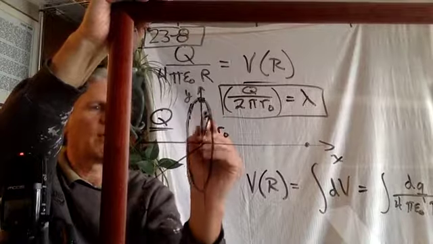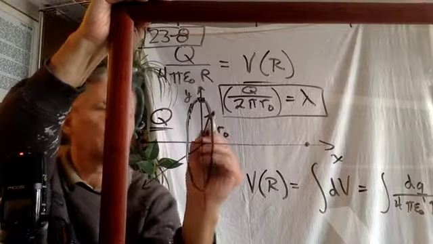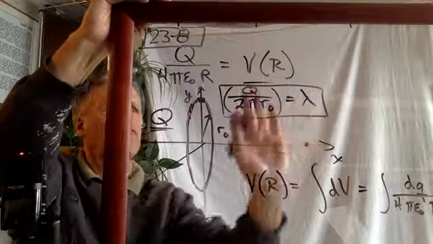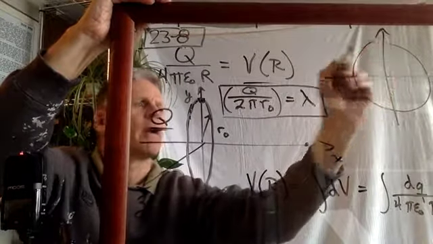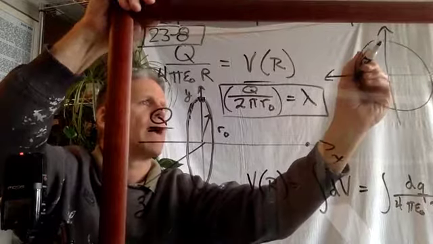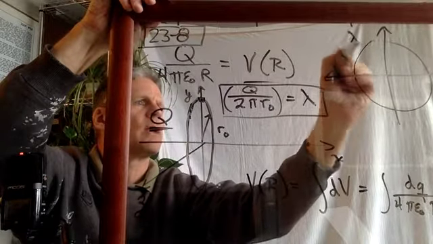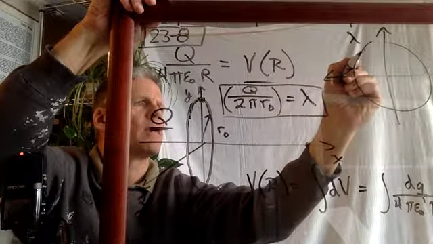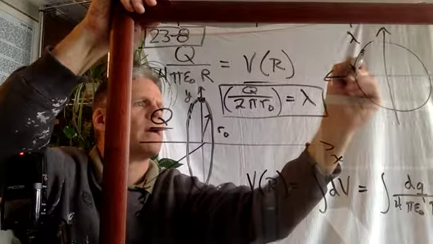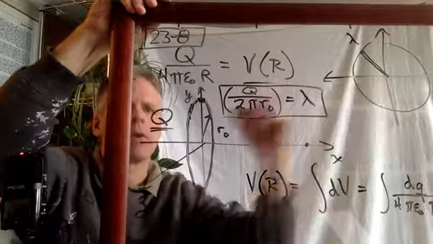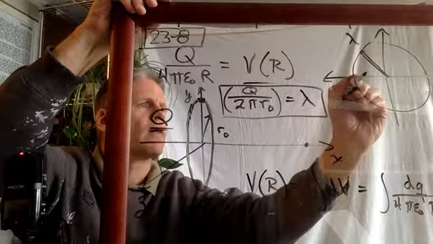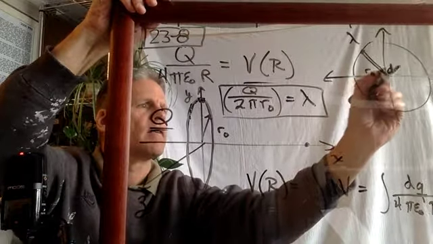Then the question is, what's our dq? Let's look flat on this circle right now. There's our circle, there's our y and z, and we've got some density lambda here, and our dq for this little bit right here is just R0 d theta.